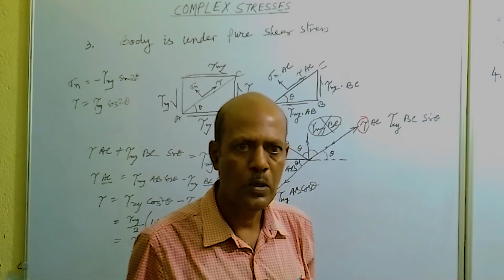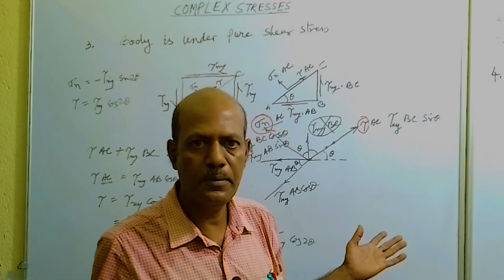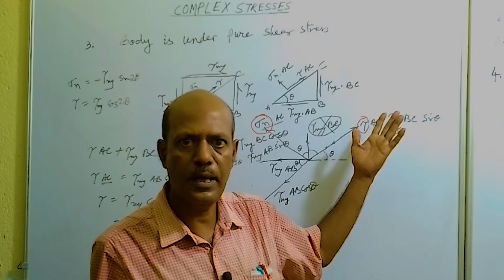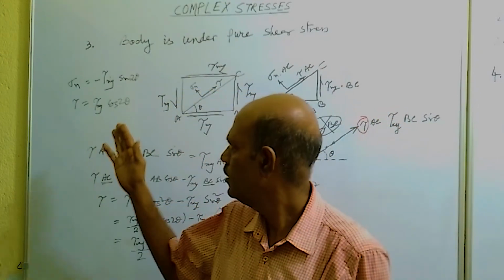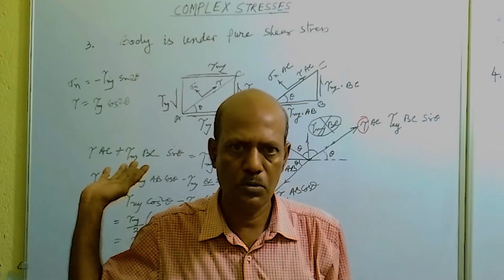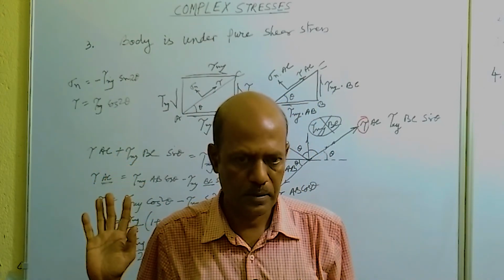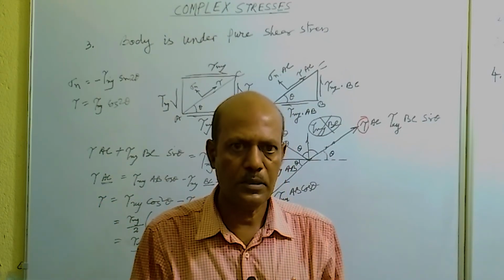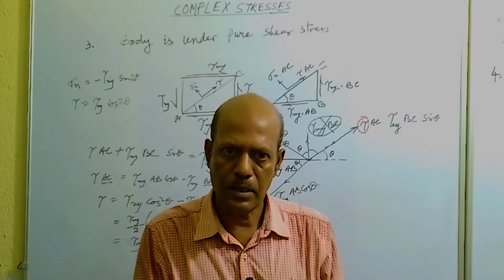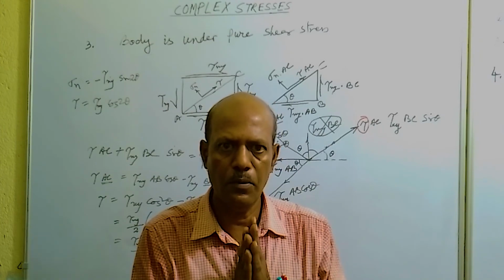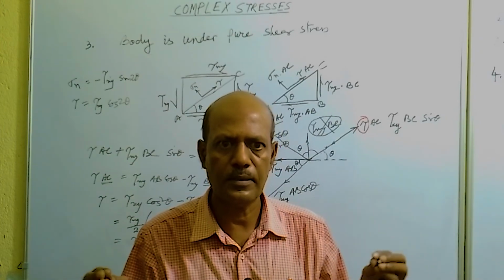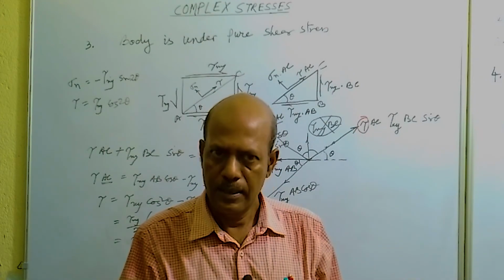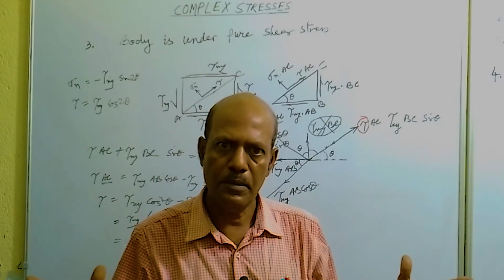I hope all these 4 derivations are understood. 2 derivations were solved in the last video, and in this video we have solved these 2 derivations. I hope this will solve your problem. Just put the value and the result will come, but the one thing you may face is the sign convention. If you don't put the sign correctly, your result may be wrong.